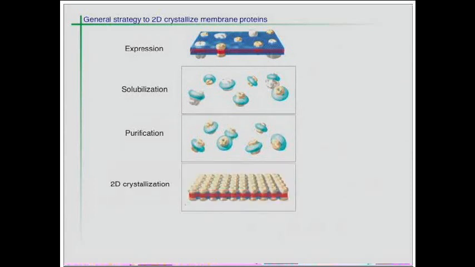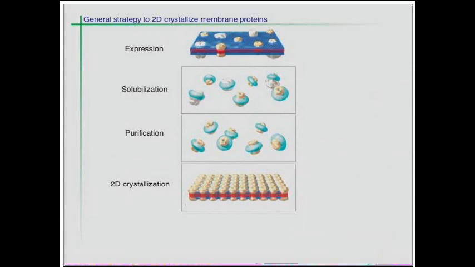This is just a general strategy for 2D crystallizing membrane proteins. We first express a target of interest, in this case this protein in gold. We most likely solubilize it in detergent out of the membrane. We then purify it in that detergent, and provide exogenous synthetic phospholipids or lipids from natural sources.